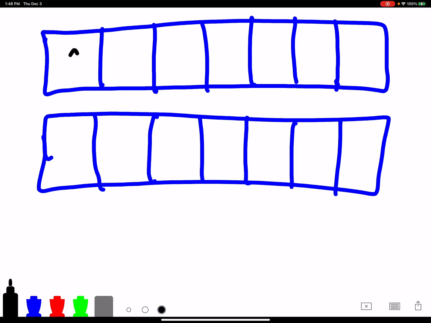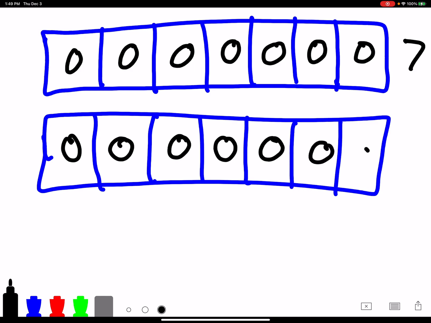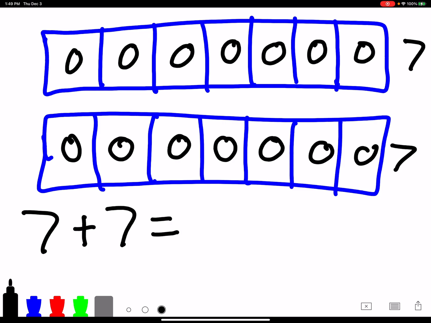So we have 7 up here, and then we have 7 down here. So we're trying to figure out the total number of blocks. In this equation, we have add-in 7 plus add-in 7 equals the sum, blank. We can count the total number of blocks we have, or we can use the number line.